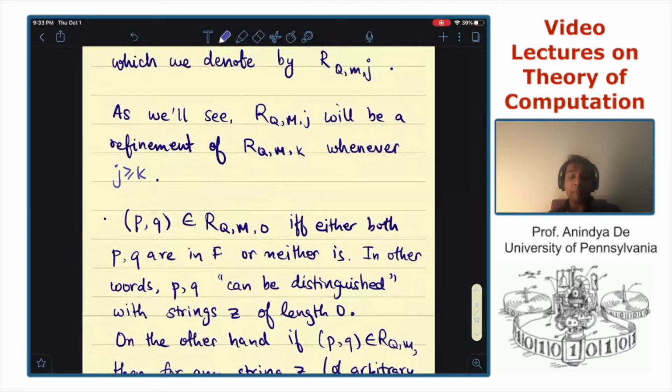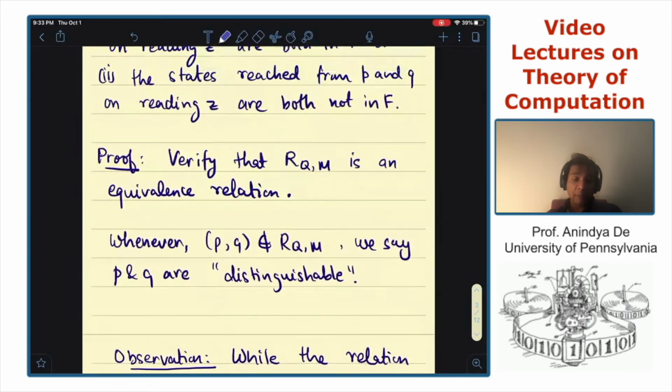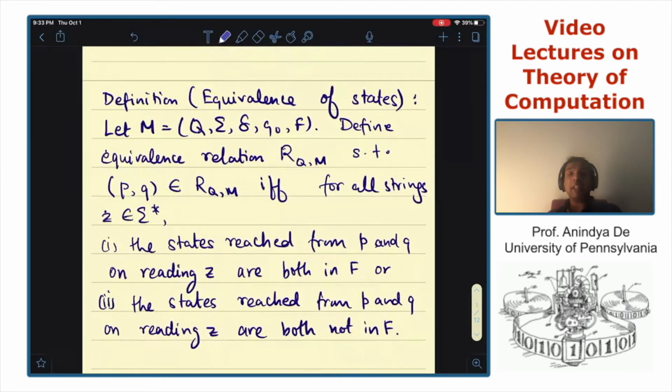What do I mean by being distinguished by strings of length 0? Remember, when we were defining the equivalence relation R_{Q,M}, we said, suppose P, Q is not in R_{Q,M}. It means there's a string Z which distinguishes between them. By distinguishing between them, I mean that you start from P and you read Z, and you start from Q and you read Z. Then in one case, you will go to an accepting state, and in the other you will go to a rejecting state.